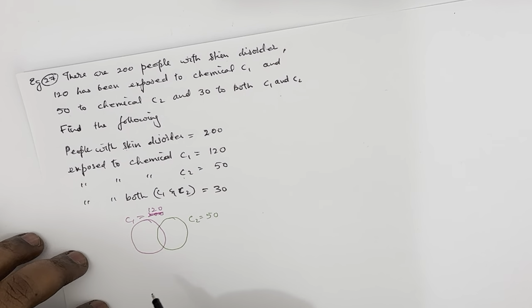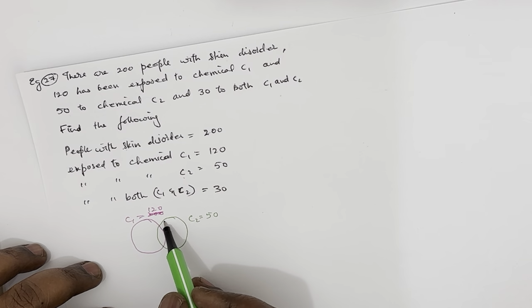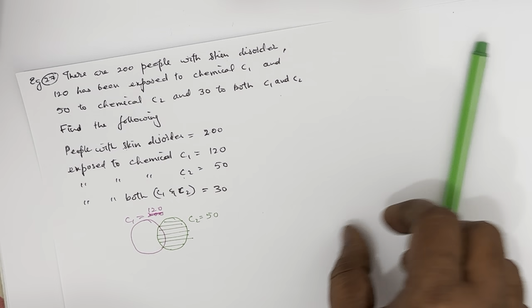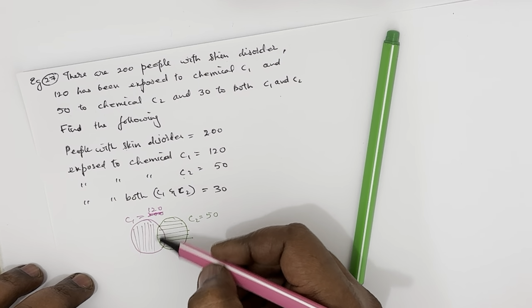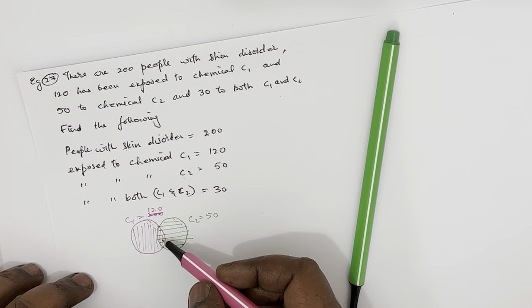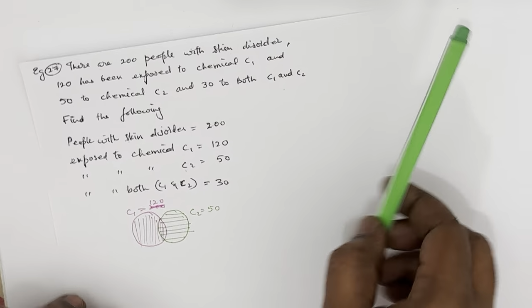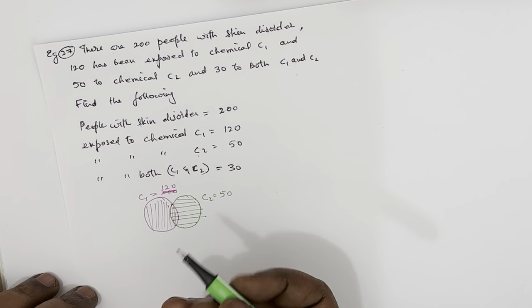Now see, 50 people are here. In that, a few are exposed to C1 and C2 both, and C1 is here, 120 people, in that a few are exposed to both also. Both the chemicals, that is the intersection part, the center region.